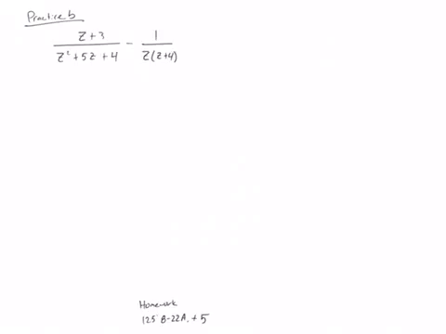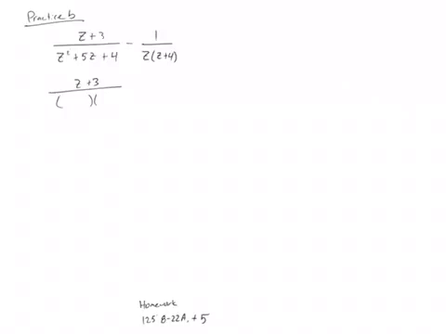Let's try another one. And this one's going to actually require us to do a little bit of factoring first, because it's kind of hard to see what factors are in the denominator of this first one. So we're going to practice the skills that we practiced yesterday, and factor that. So this is going to be z plus 3 on the top.